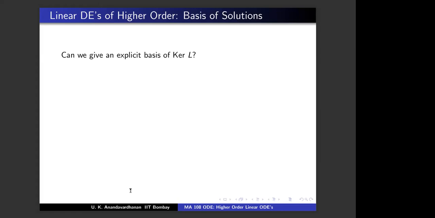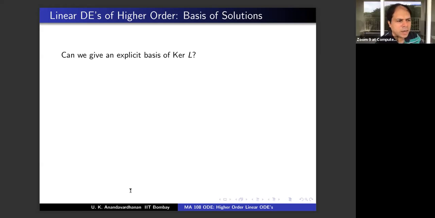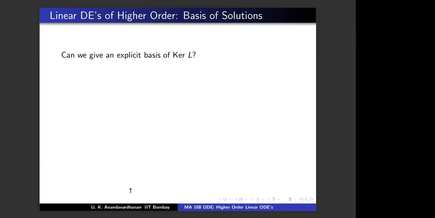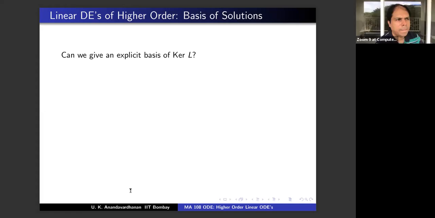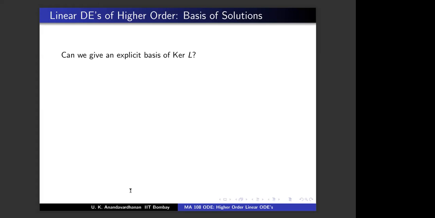Assume h of x such that h of x0 equals c f of x0 plus d g of x0. Yes. One more person can go ahead. We tried to span this function using f and g, to find the coefficients such that it spans the whole solution space.